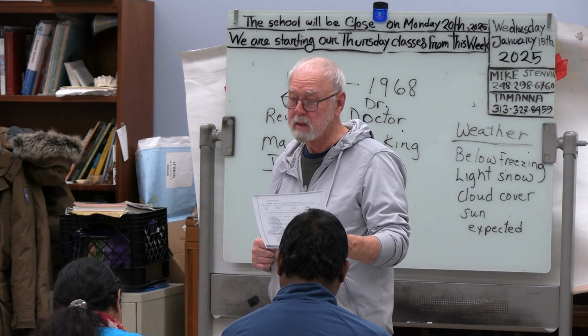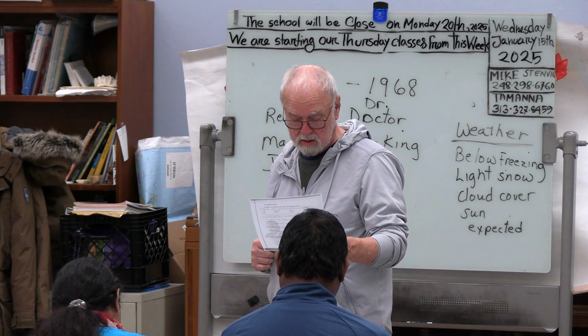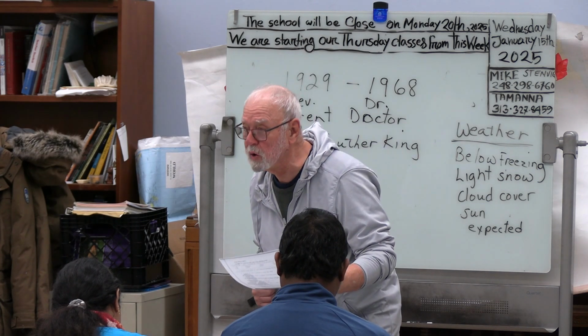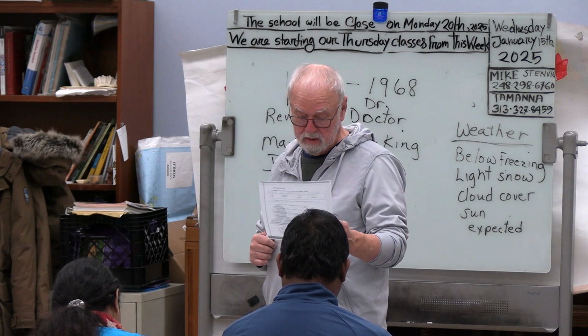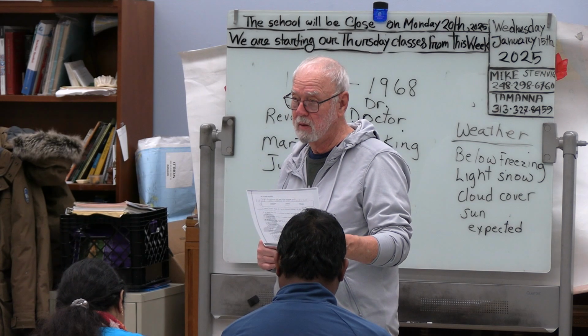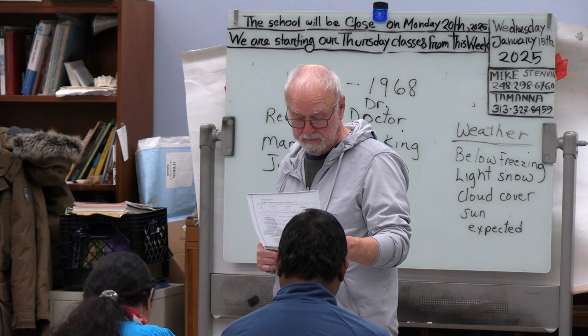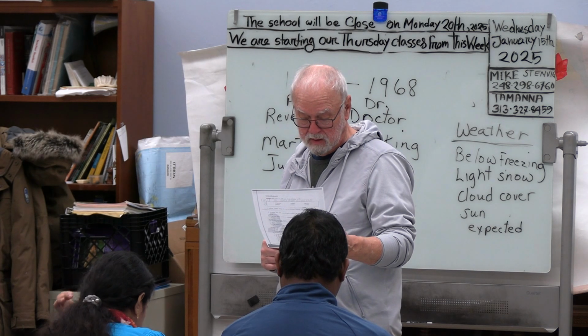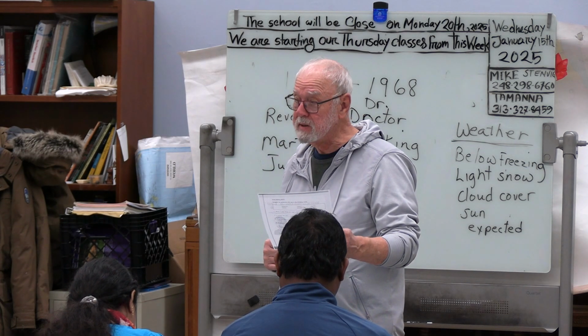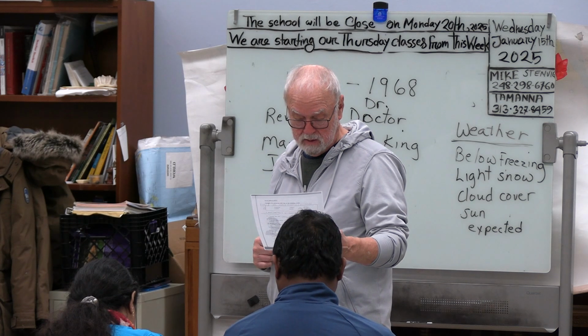In 1964, Martin Luther King Junior was the youngest person to get the Nobel Peace Prize. This award is for people who try to make peace in the world.